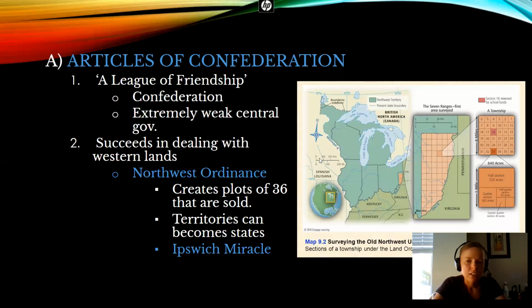And finally, they lay out that the Northwest Territory will eventually be able to have between 3 to 5 states. That was part of the Northwest Ordinance. And in order to be admitted as a state, they had to petition for admittance once they had reached a population of 60,000 or more settlers.